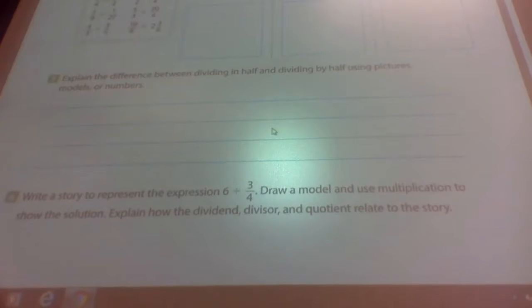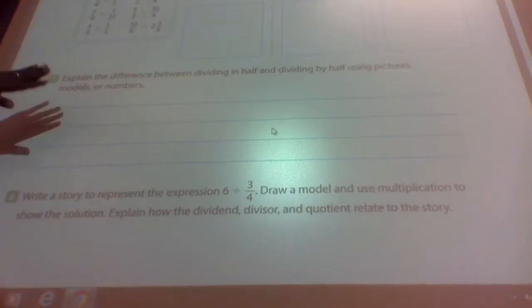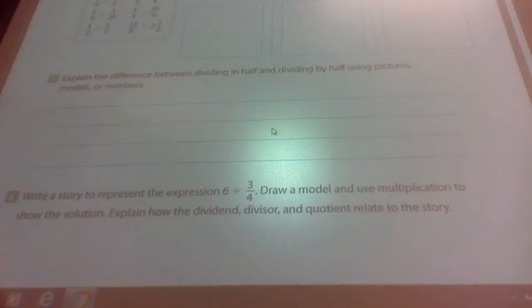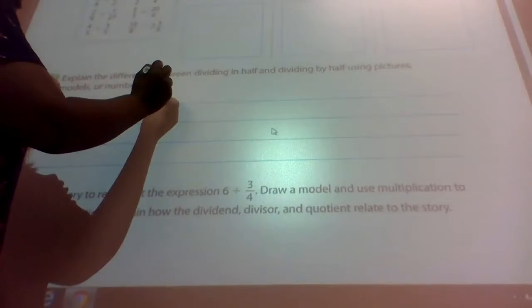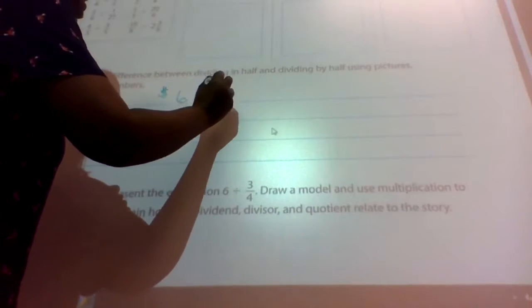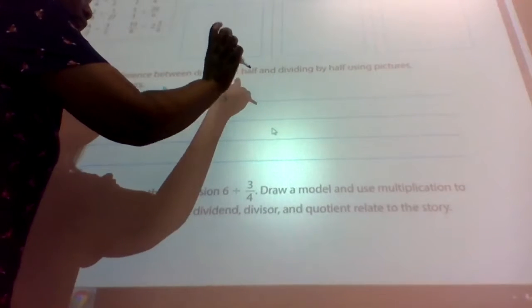Explain the difference between dividing in half and dividing by half. All right. So just say you are going to divide something in half. Let's just say I had $6 and I want to divide it by 2 people.